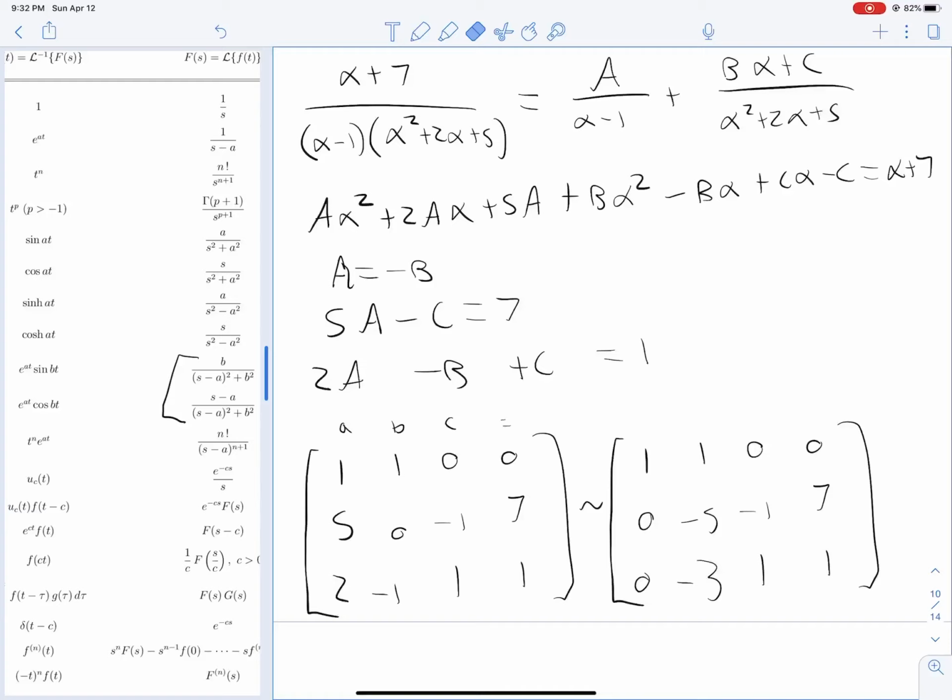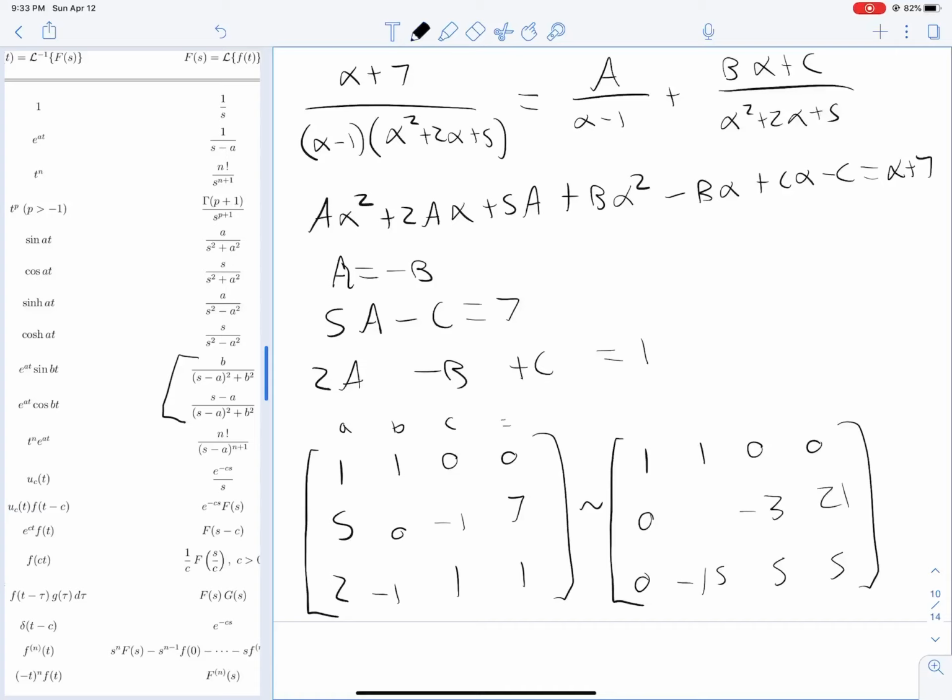Interesting. Let's multiply row 3 by 5, so negative 15, 5, 5, and row 2 by 3, so negative 15, negative 3, 21. Okay, let's subtract row 3 from row 2.